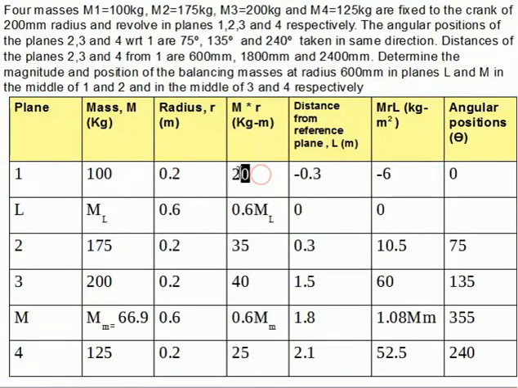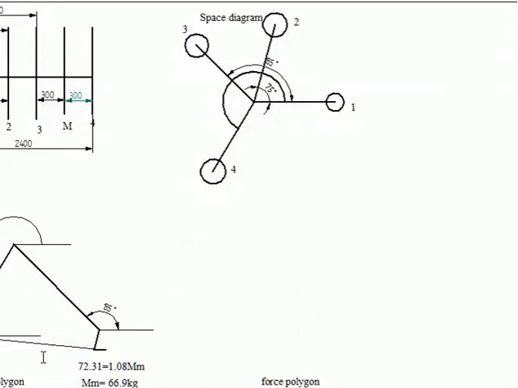Length of the first line will be 20, inclined at 0. Length of second line will be 35, inclined at 75. Third line will be 40, inclined at 135. Fifth line will be 0.6 times mm, where mm is 66.9. Its inclination will be 355 degree. So like that we'll construct the force polygon.